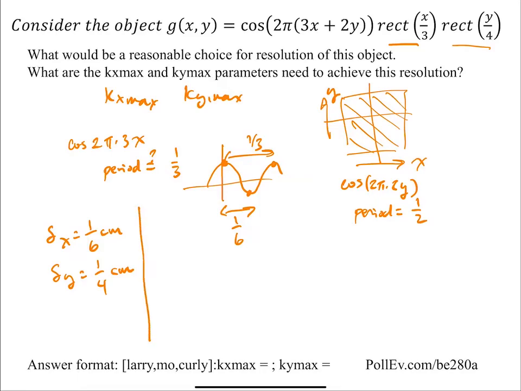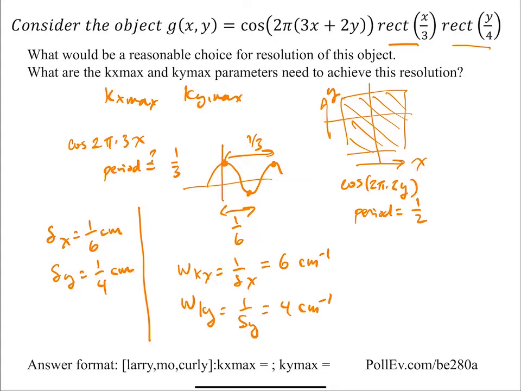Now we know that we're given delta kx equals 1 over delta x. So that's 6 inverse centimeters. And delta ky equals 1 over delta y, so that's 4 inverse centimeters. But what did the question ask us for?